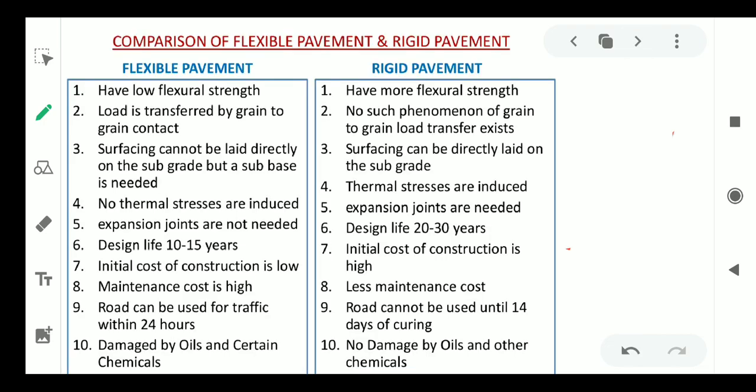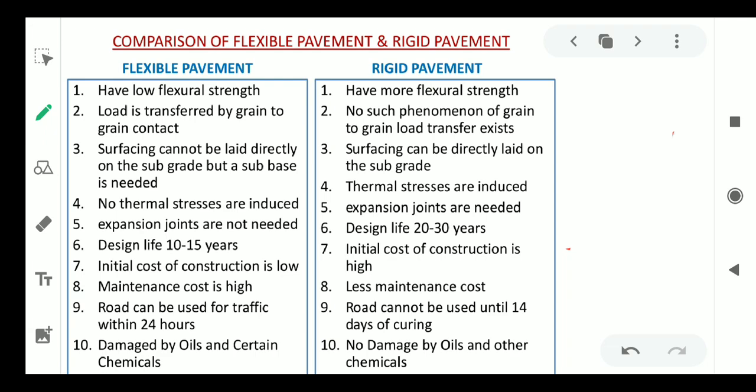Here is the comparison of the flexible pavement and rigid pavement: what are the structural differences between the flexible pavement and rigid pavement, and the functions and all other comparisons.